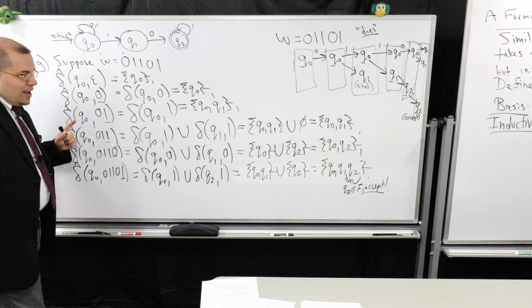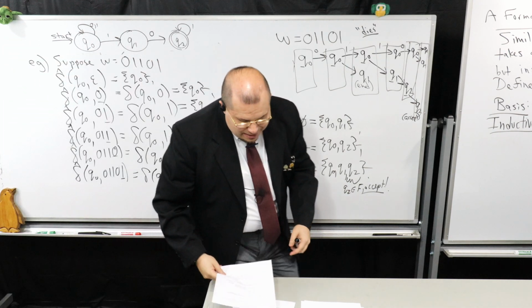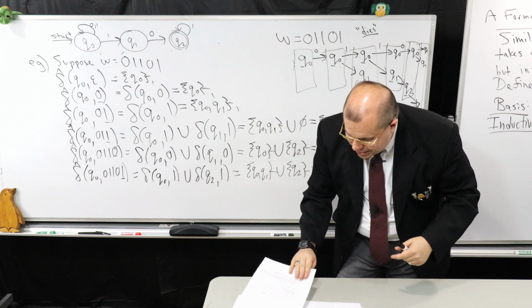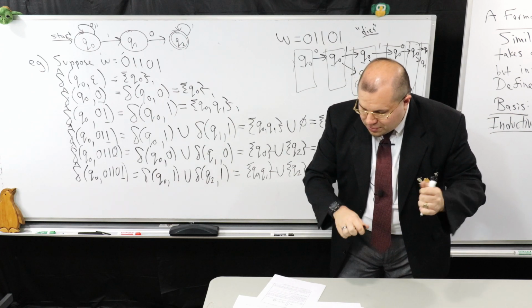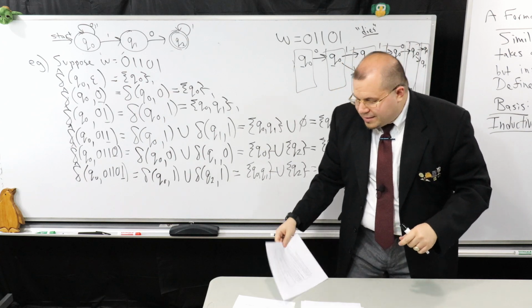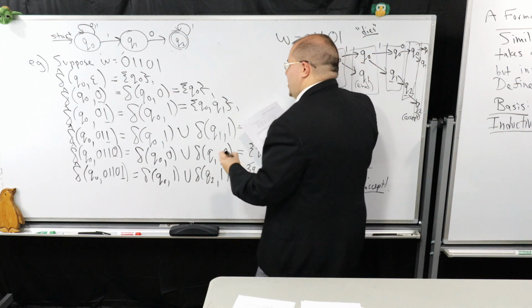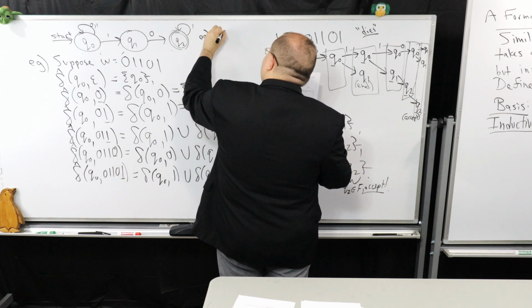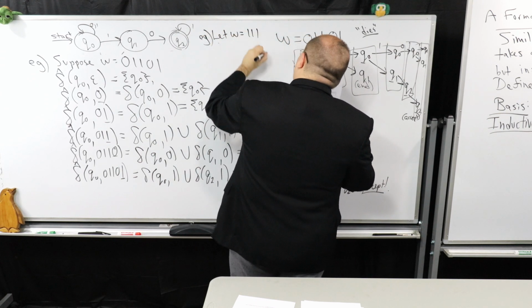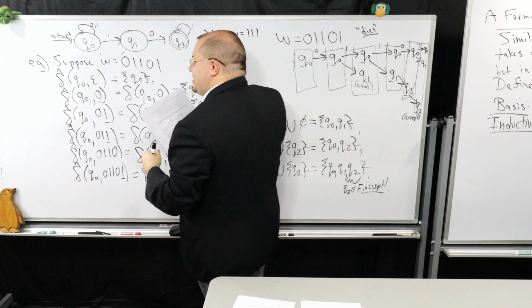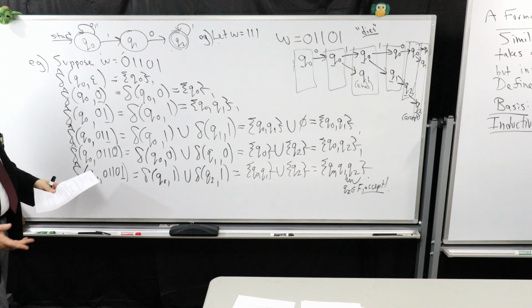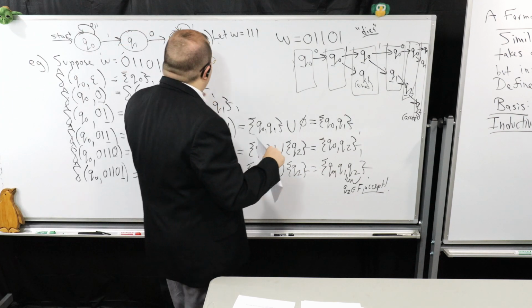I want to do one more quickly, and then we're going to do a couple of designs. I threw another example in here so that you could try it out yourself, but I will do one quicker one here. So let w be 1, 1, 1. The first thing you should ask yourself is, Dan, does this string accept or reject? I'll let you think about that.